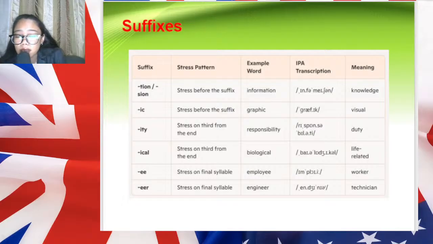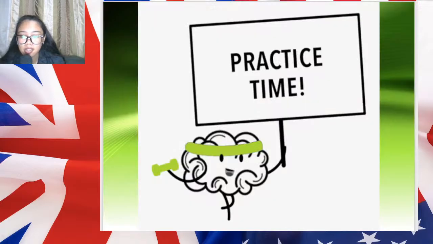When it comes to ical, we stress the third syllable from the end, and when it comes to eer, we stress the final syllable, or the suffix itself, basically. Ical, stress on the third from the end.